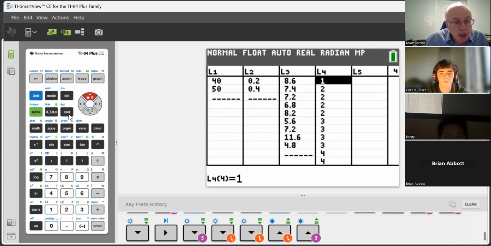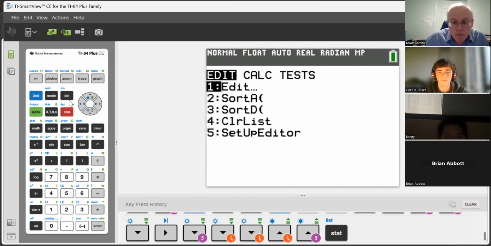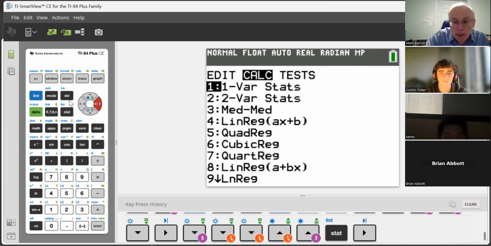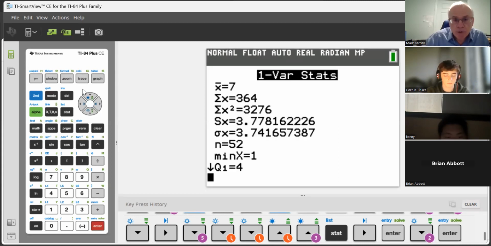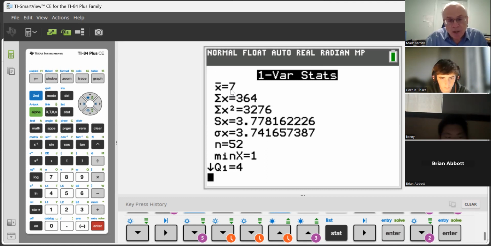And then I went to one variable statistics. And in this case, let's look at the population first. Population is in L4. Just hit enter. And the mean is 7. That makes sense, right? Mean and median should be exactly the same.